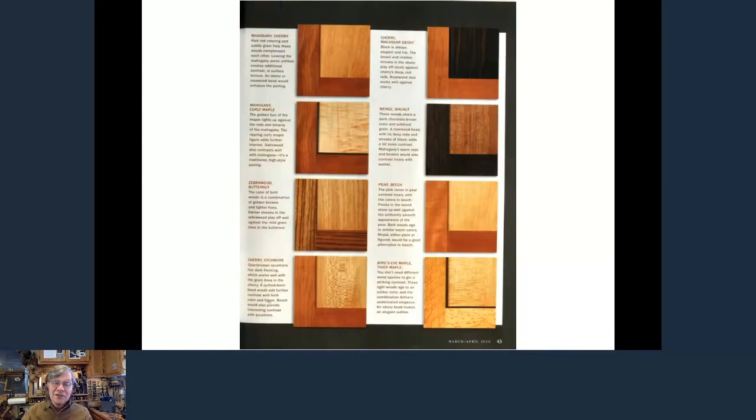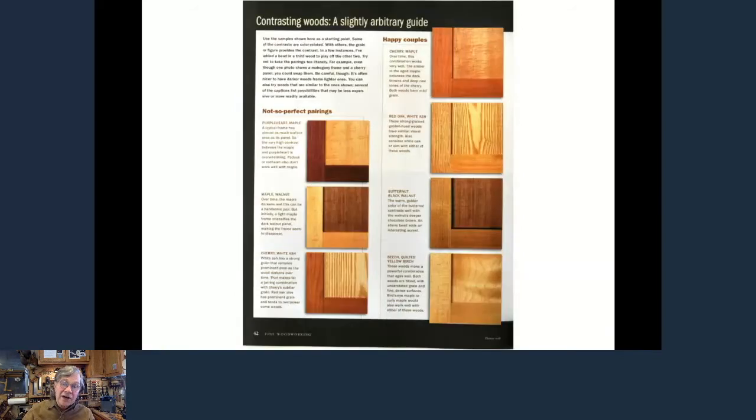So it's kind of beauty in the eye of the beholder. Oh, and there's my tractor. But it is fun to mess around with different types of wood, putting them side by side. And there's one on the right hand side, second down, red oak and white ash. I just don't understand why a person would really want to do that, but it works okay because ash and oak are fairly similar.